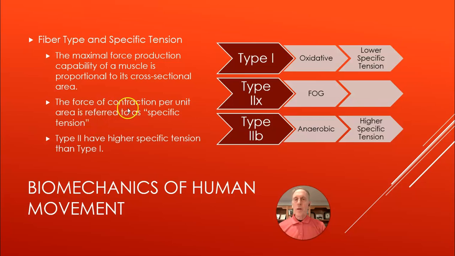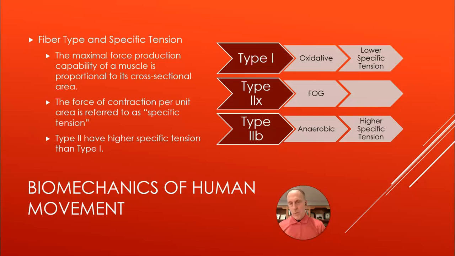The force of contraction per unit is referred to as specific tension. So if we look at a little centimeter by centimeter by centimeter cube of the thigh, we can see the density of different muscle fiber types in that particular area and get an idea of the actual specific tension and the force that area can create. That's referred to as specific tension.